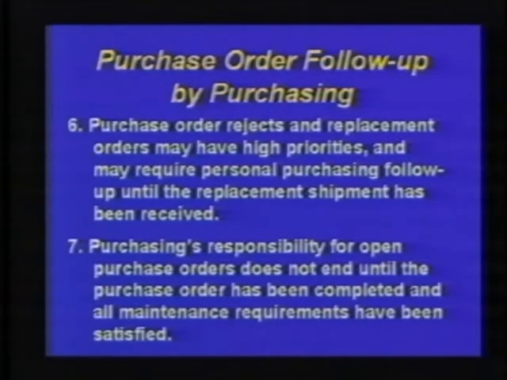And item number 7, purchasing's responsibility for open purchase orders does not end until the purchase order has been completed and all maintenance requirements have been satisfied. In other words, the job is not done until the purchase order is received 100% complete.